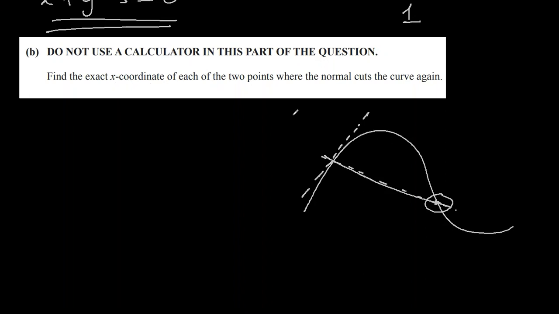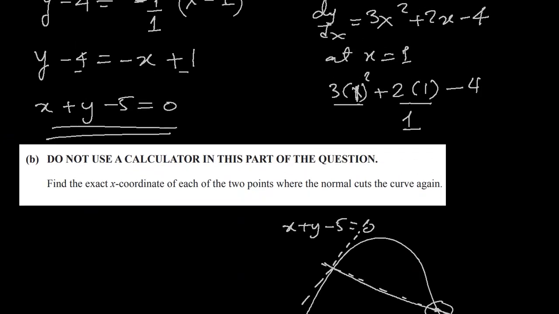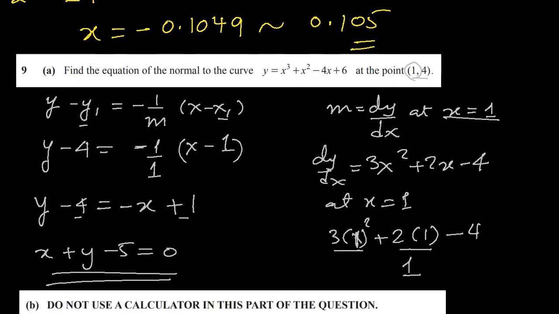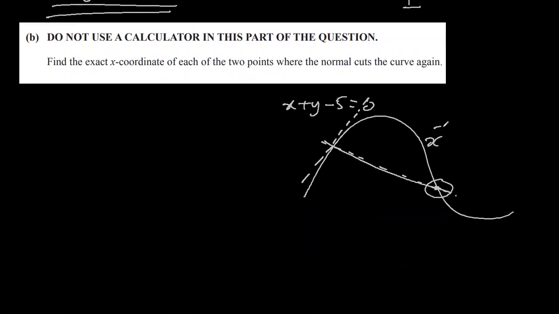So the equation of the normal, we just got it, x plus y minus 5 equal to 0, right? Yeah. Now what was the equation of the curve? It was y equal to x cube plus x square minus 4x plus 6. And we want the point of intersection of the two.